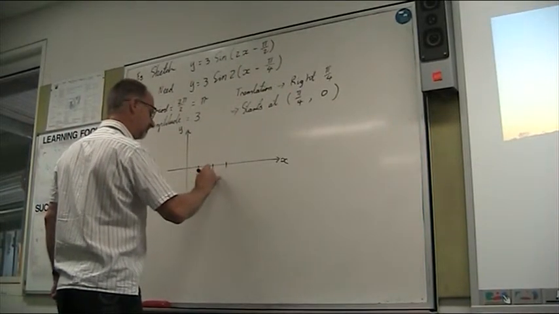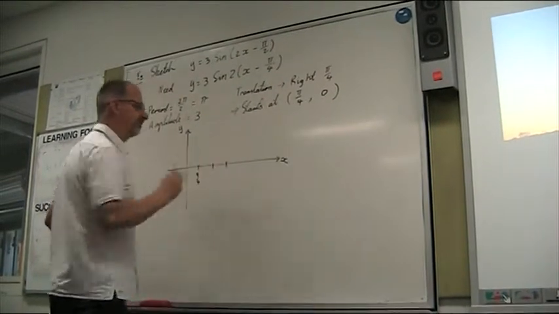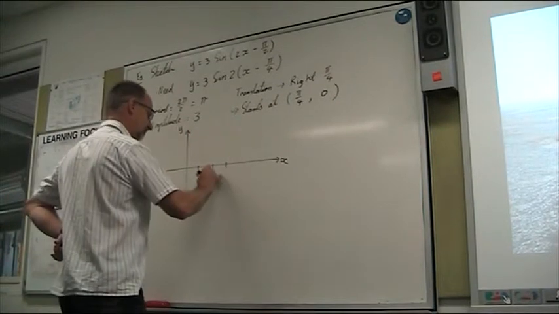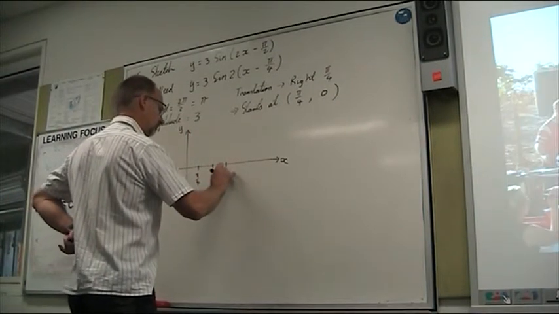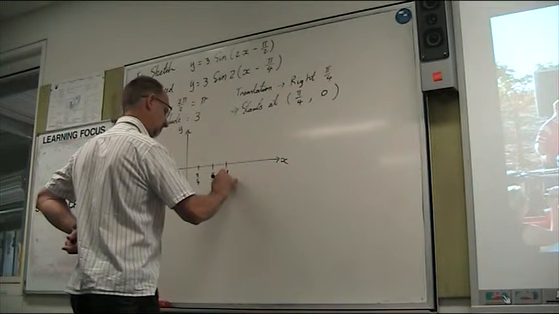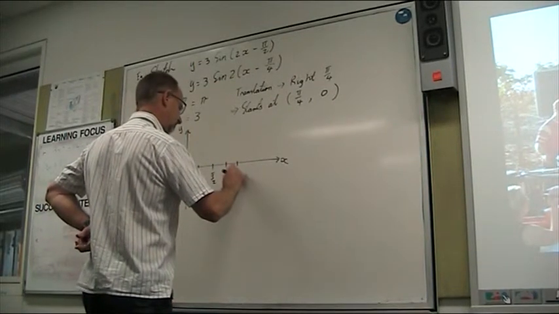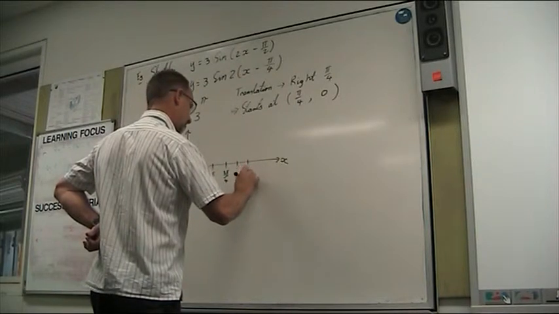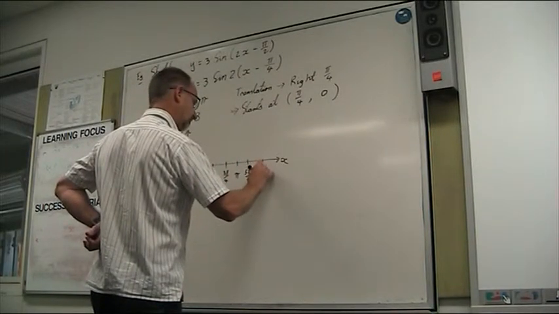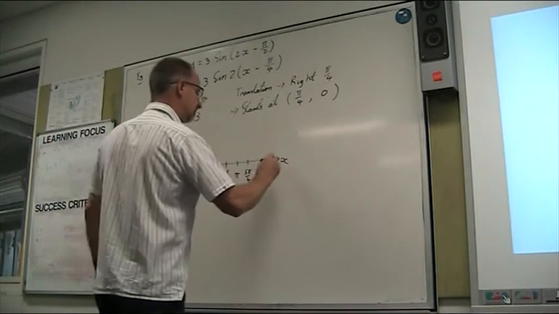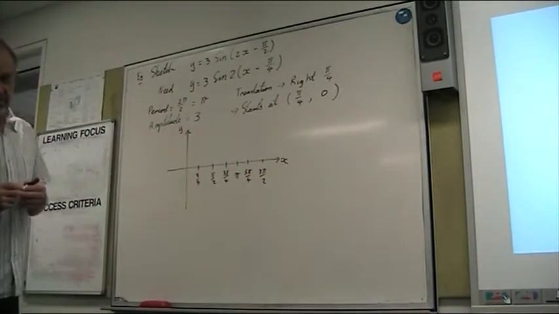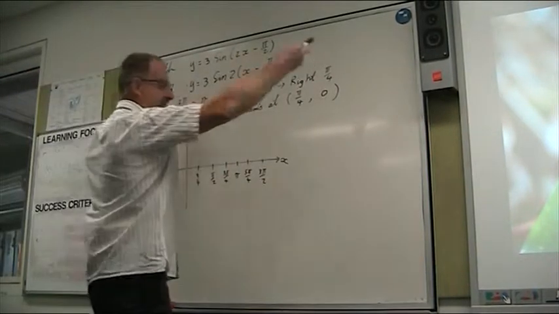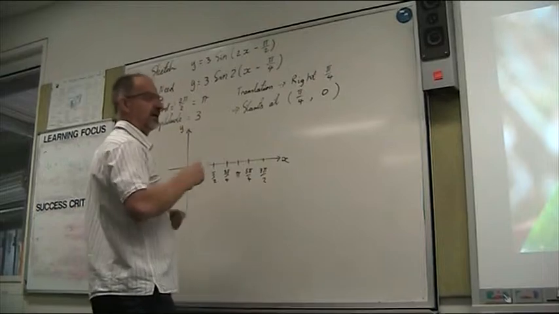So because we're starting at pi on 4, I'm going to mark off in pi on 4s. Alright, now I haven't written in the question how much we want to draw.